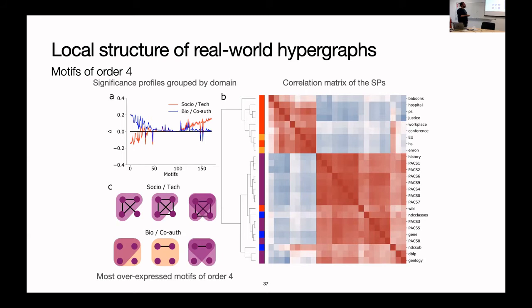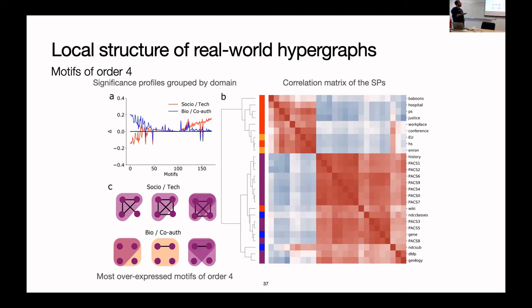One thing we can do now is focus on the most overexpressed motifs of order 4 in the two clusters, just to understand why social and technological networks are different from biological and co-authorship networks. We see that the 3 most overexpressed motifs of order 4 from the social and technological domain tend to involve lots of pairwise interactions, and for example, they do not involve any interaction of order 4 in the most overexpressed motif.